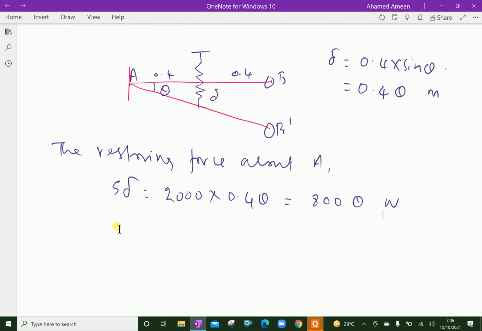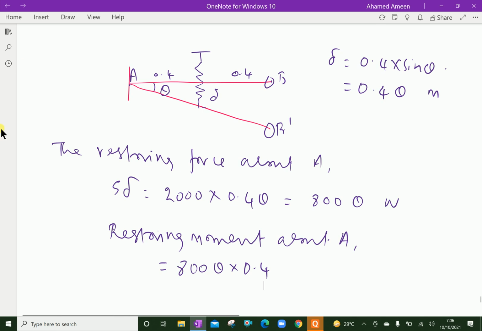Therefore the restoring moment about A is the restoring force 800 theta into 0.4 meter, because the distance is 0.4 meter, which is equal to 320 theta Newton meter. Let it be 1.